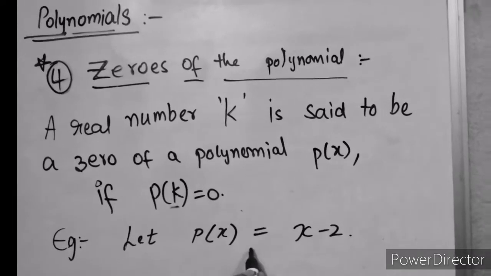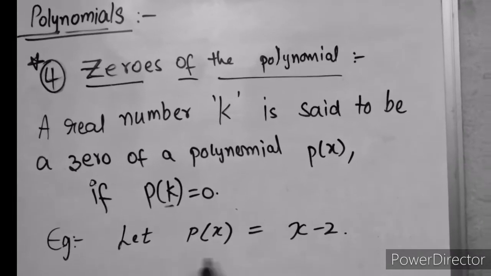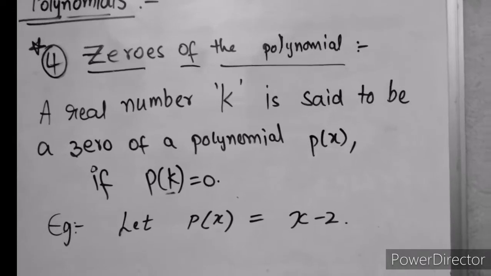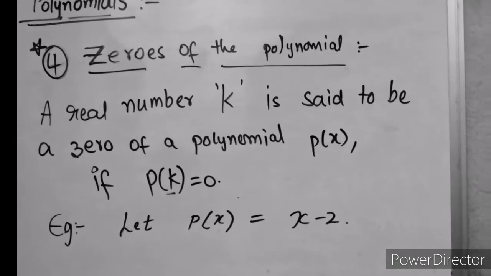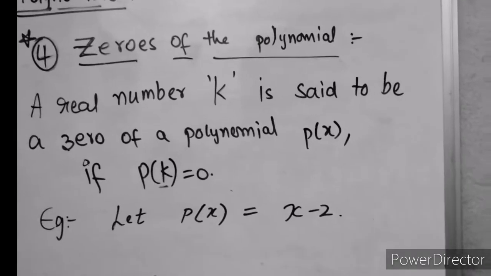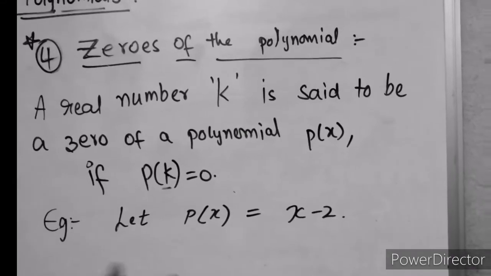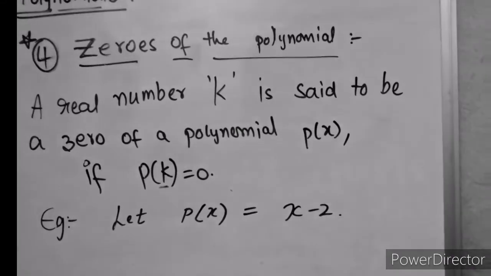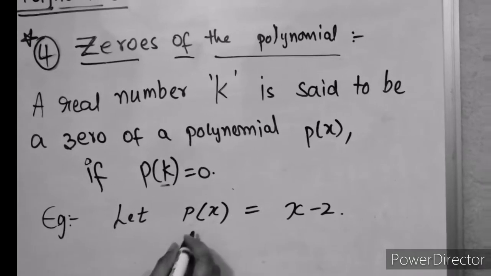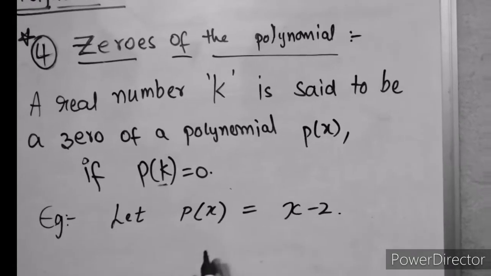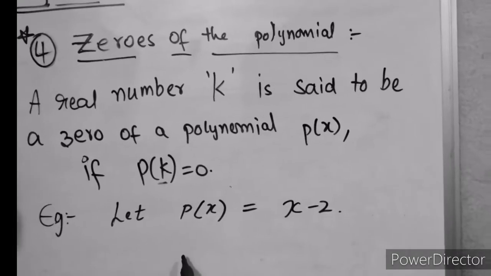Let p of x be equal to x minus 2. A very simple example I have taken to understand it very well, because it is a very important topic that you have to use throughout the chapter. Now p of x equal to x minus 2 is the given polynomial.